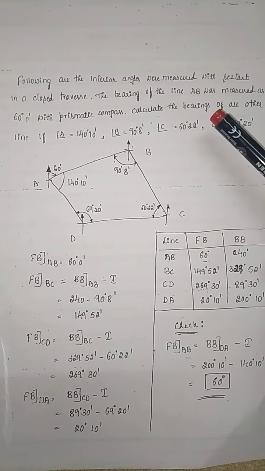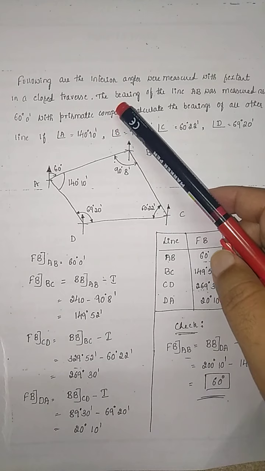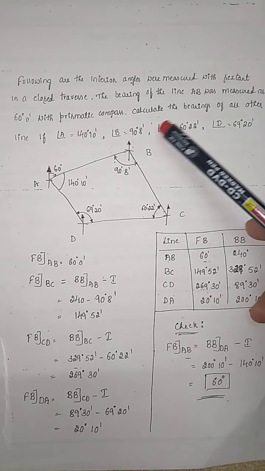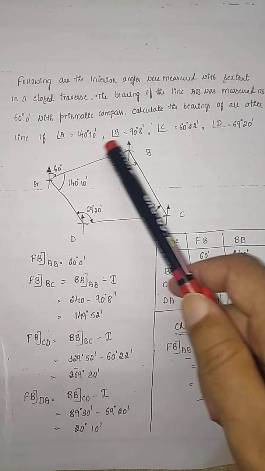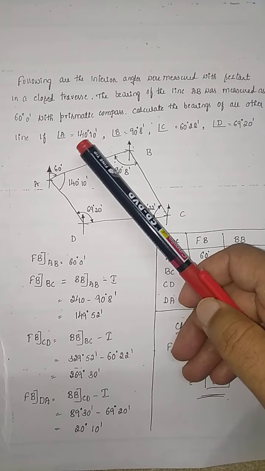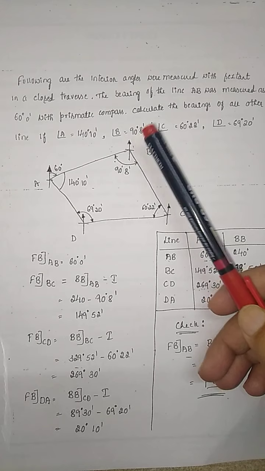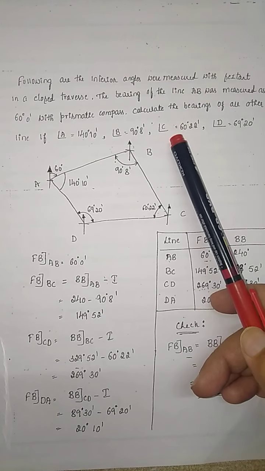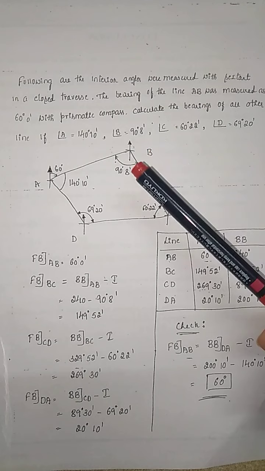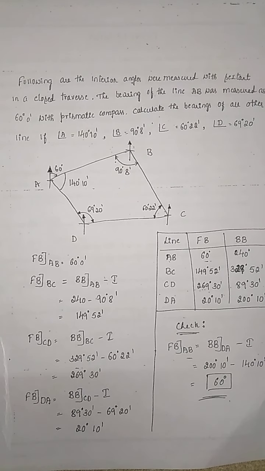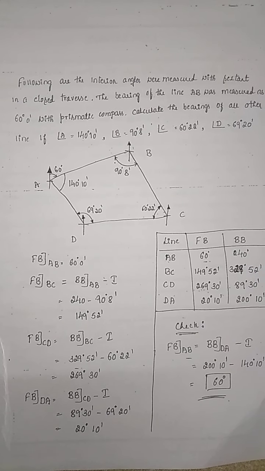If the angle A is 140 degrees 10 minutes, B is 90 degrees 8 minutes, and C is 60 degrees 22 minutes, then they have told you to determine the angle D, right? Calculate the bearing of all other lines. This is what they have asked in the problem.